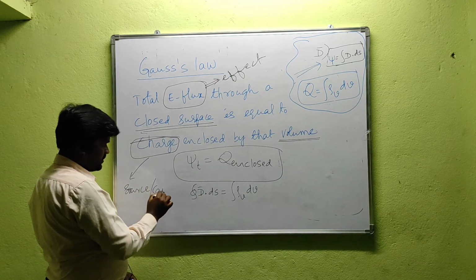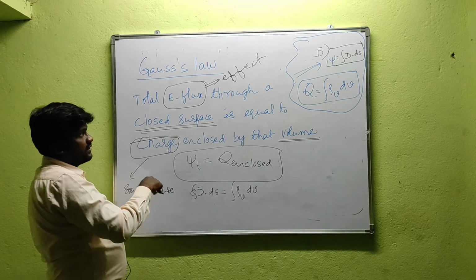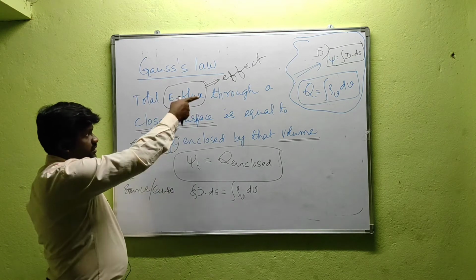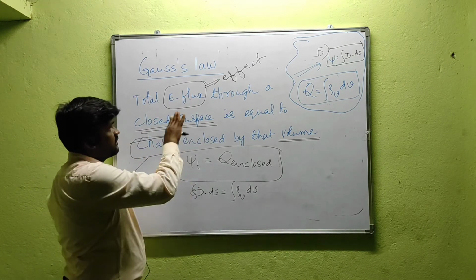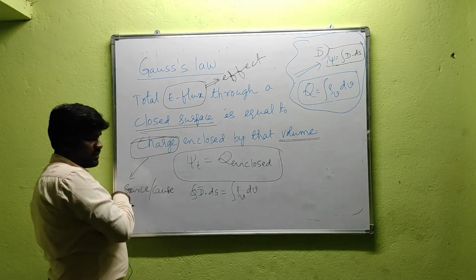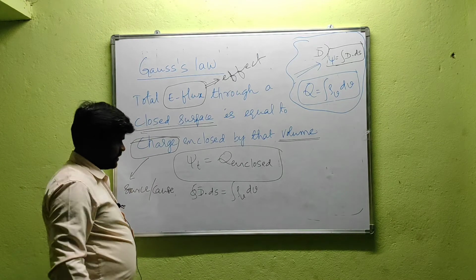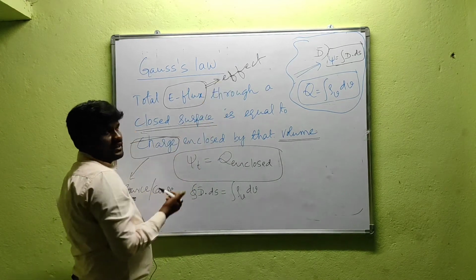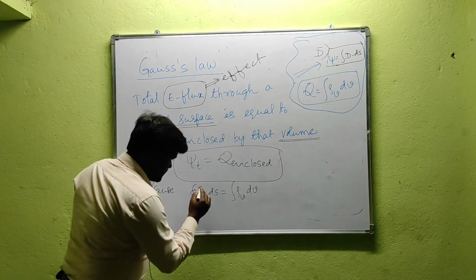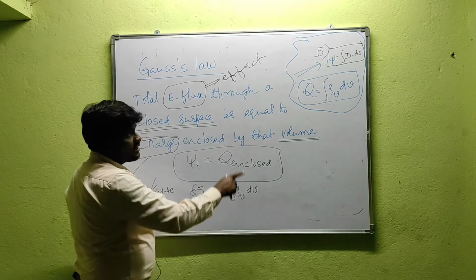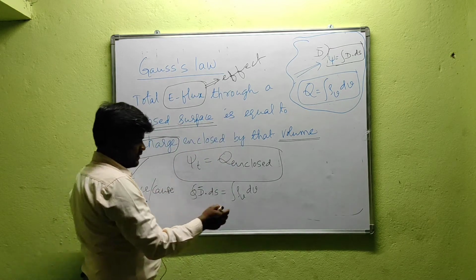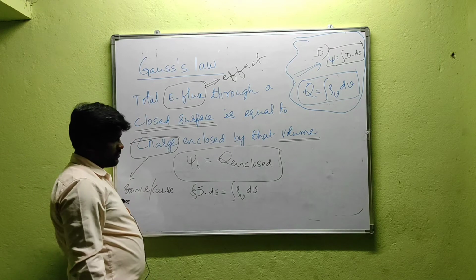Gauss law gives the relationship between that source and effect. Now this is about the relation: charge is represented in terms of the charge density, and flux in terms of the flux density.